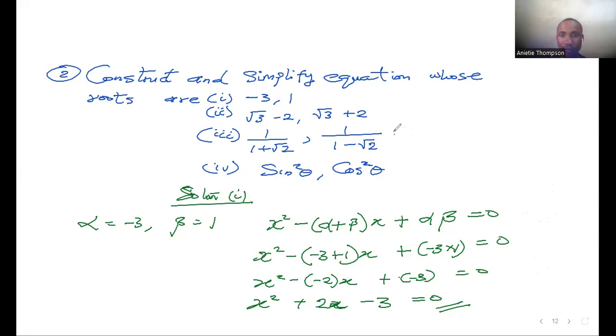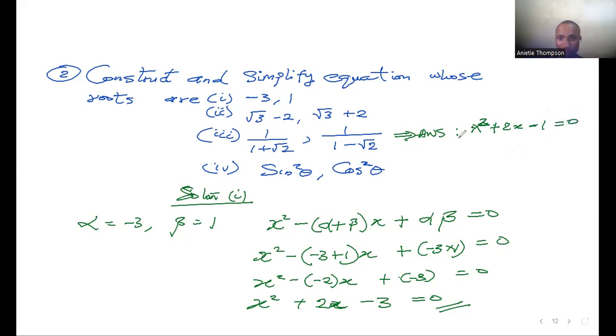I'm going to give you the answer to this one, ANS: the equation that you will have from here is going to be x squared plus 2x minus 1 equals 0.